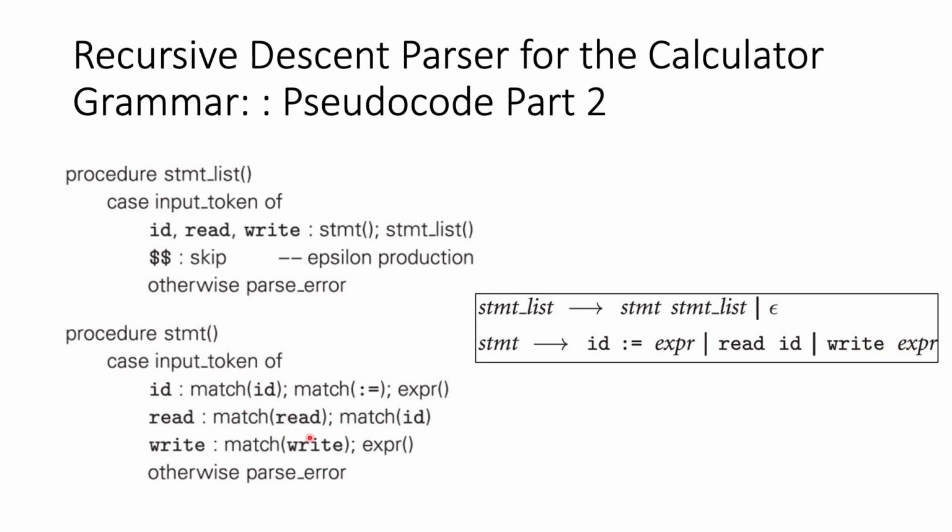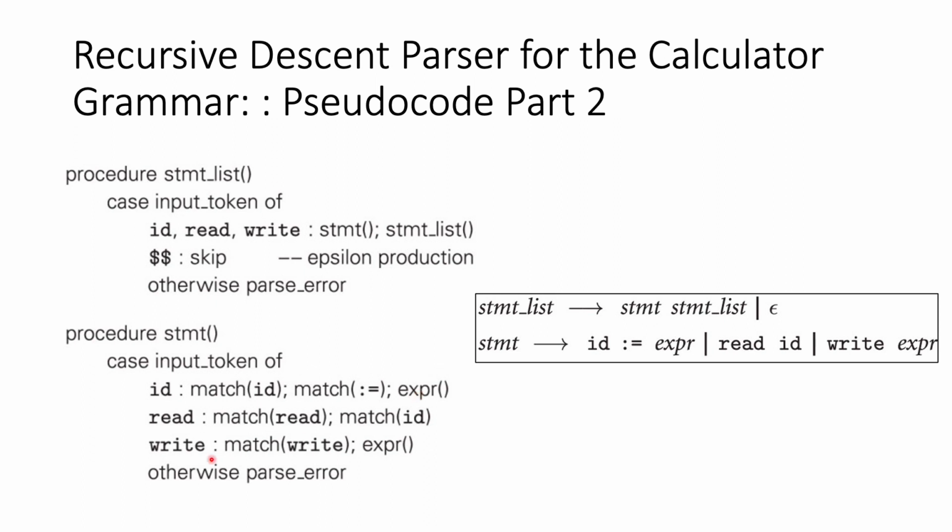In each case, it just makes a sequence of subroutine calls corresponding to the right-hand side of the production predicted by the case, where each terminal corresponds to a match invocation, and each non-terminal corresponds to a call to the subroutine with the same non-terminal name.